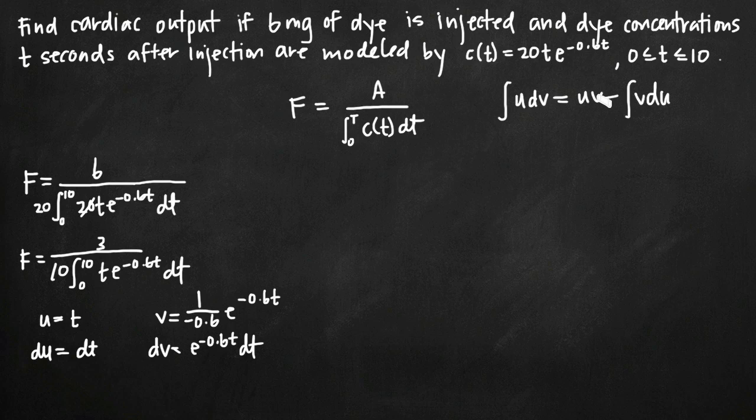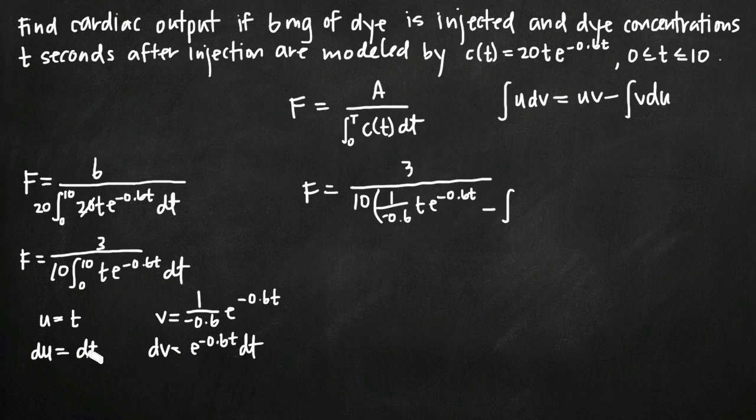So we'll multiply u times v, and we'll get F is equal to 3 over 10 times u times v, which gives us 1 over negative 0.6 times t e to the negative 0.6 t, minus, because we have minus in our formula, the integral of v times du.